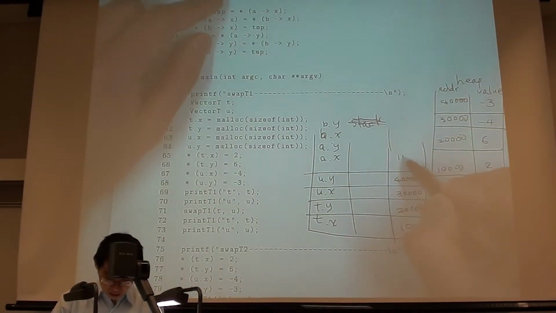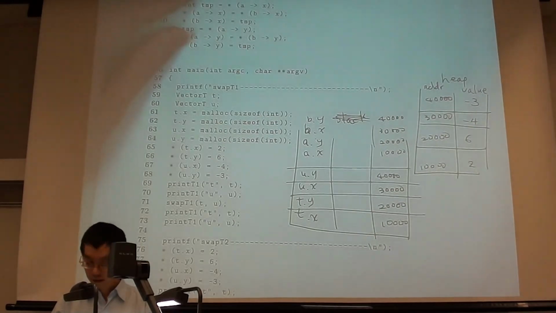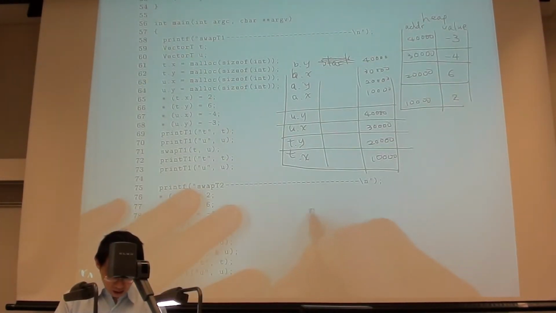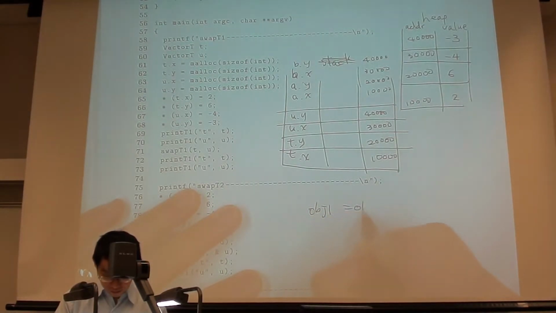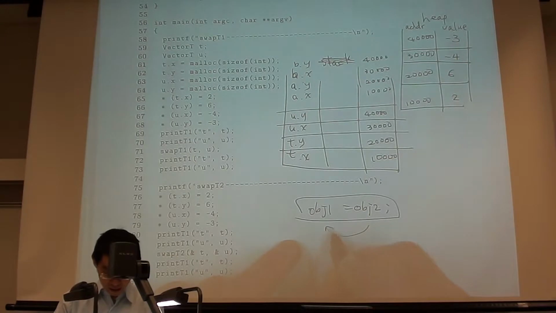So this will be 10,000, 20,000, 30,000, 40,000. It's copies. We said before, if you have an object and you write something like this, that means you copy attribute by attribute.